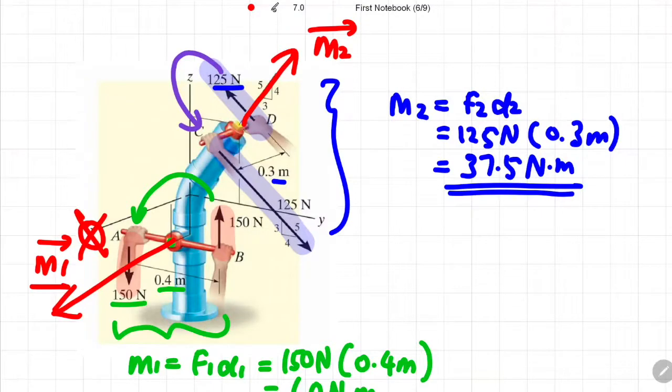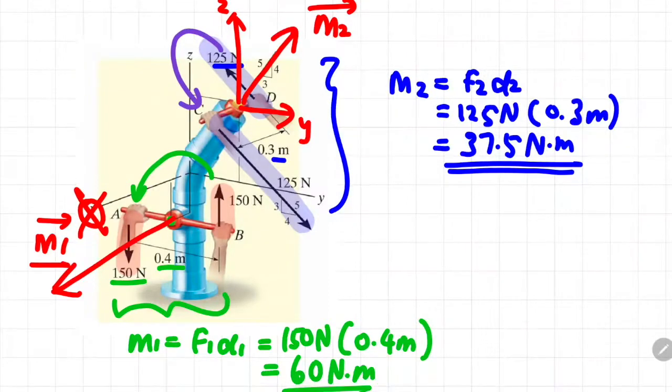Okay, so if this is the direction of the moment, then you can calculate the vector of the moment by using the trigonometric function, whereby the moment, which is initially in the YZ direction, can be resolved or split into the Y and the Z direction.